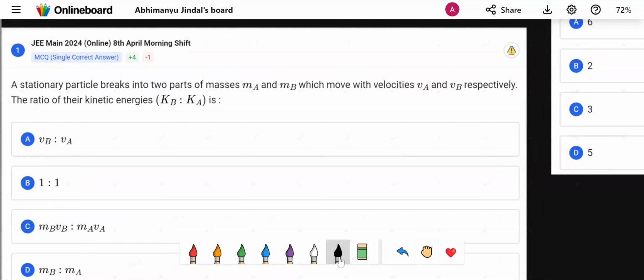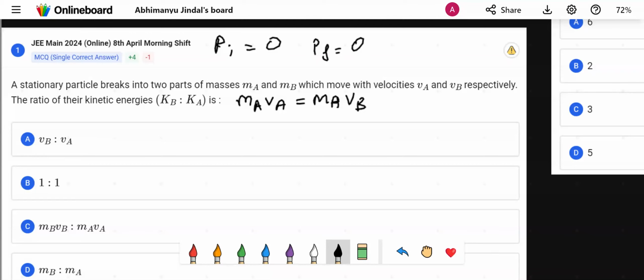Okay, so if it breaks into two parts, it was stationary. So momentum initial equals 0, and momentum final equals 0 as well. So ma va equals mb vb.